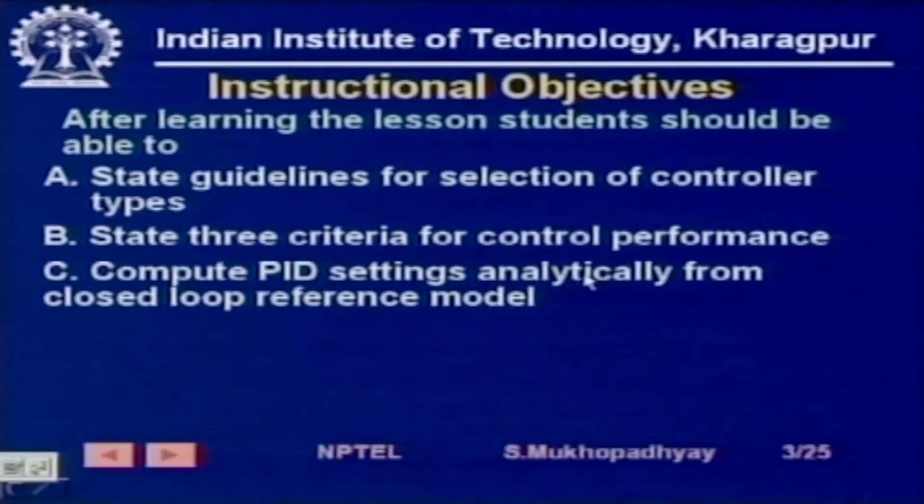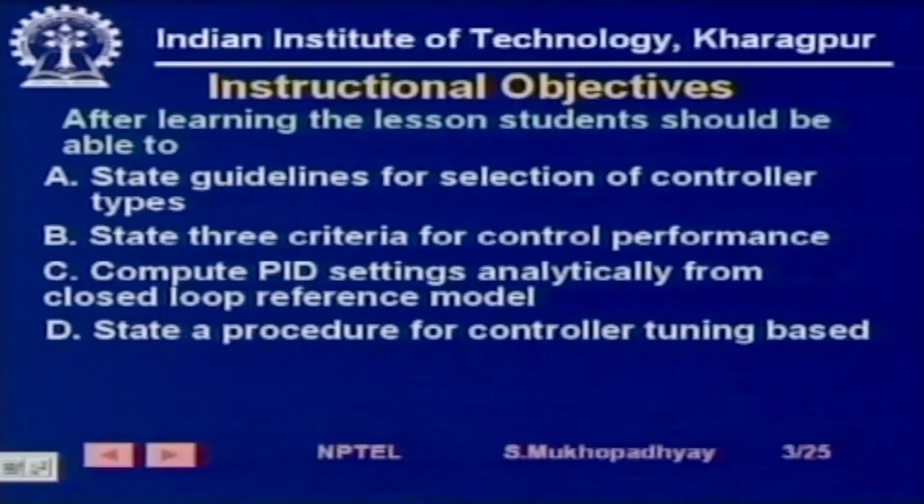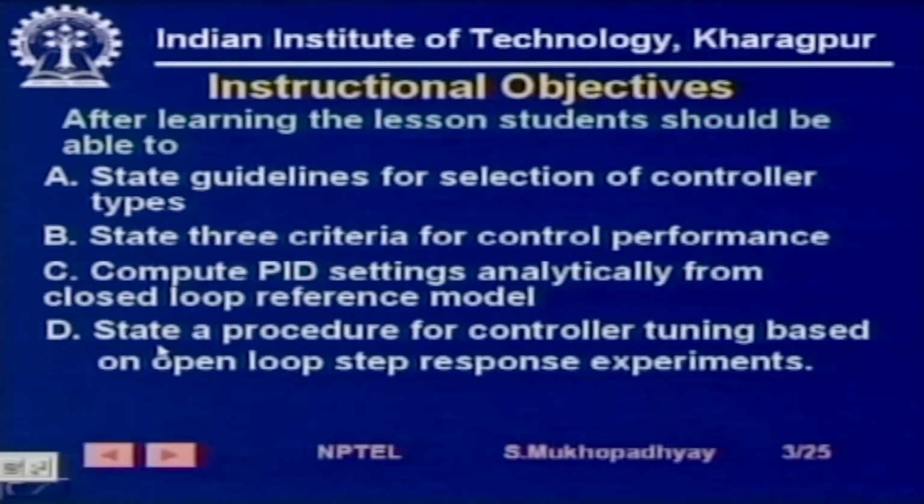Then he or she would be able to compute PID settings analytically first, actually solving out the controller parameter values. In some cases where an exact solution is not possible, because a reference model may not be available, we sometimes set controller parameter settings based on experimental data, and there are two basic approaches.